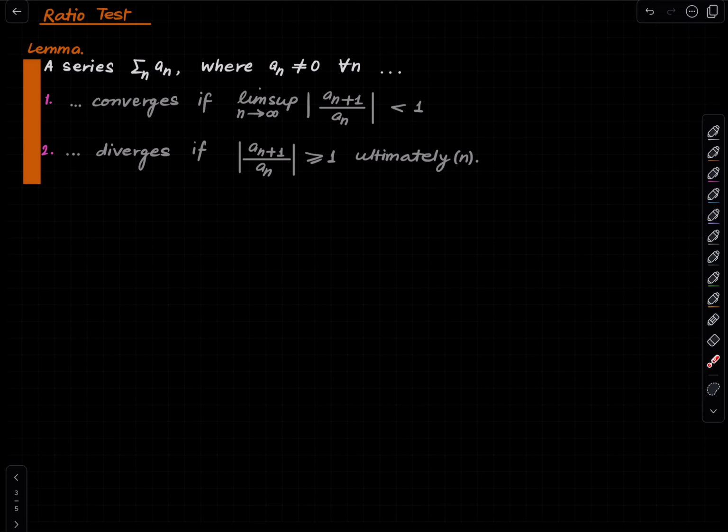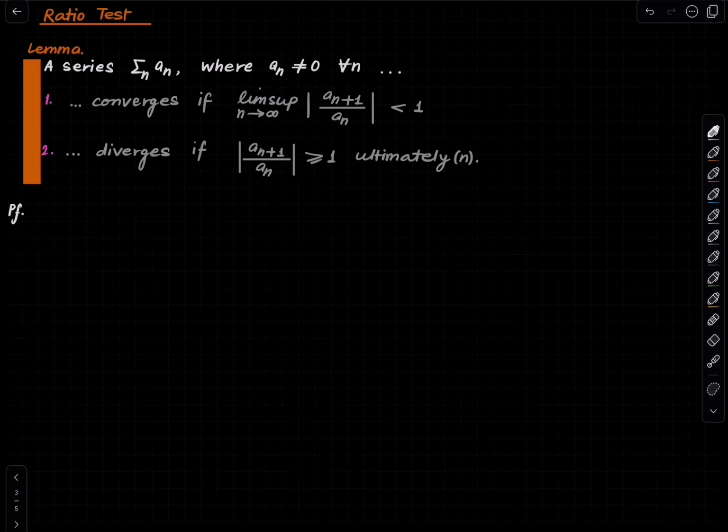Note that both of these conditions can fail simultaneously. So just like the root test, the ratio test is also not necessarily conclusive. It is not exhaustive. Anyway, let's prove it and see some applications.